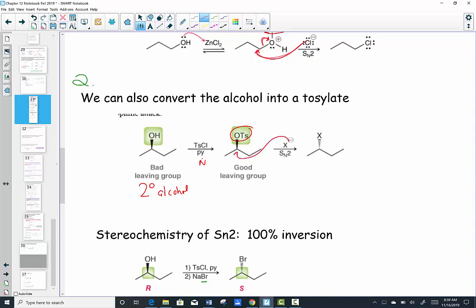And remember, this would just be a mechanism where the X negative, be it bromide or chloride, will add on, forcing that collision to make the leaving group leave. And we see a 100% inversion of configuration with the SN2 mechanism.